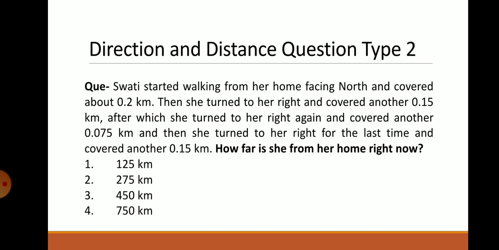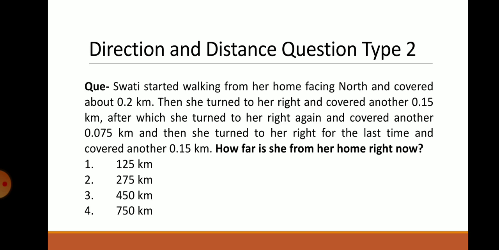Second type we will see. The second kind of question is relatively harder, in that you sometimes have to tell the direction as well as certain distances. So directly we will read the problem and tell the type. Swati started walking from her home facing north. In this problem it is said that she is facing north first and covered about 0.2 kilometer.